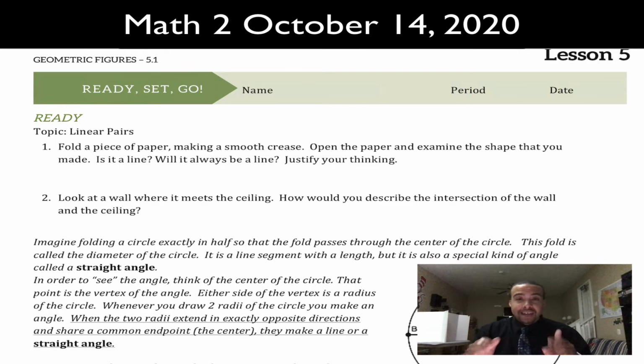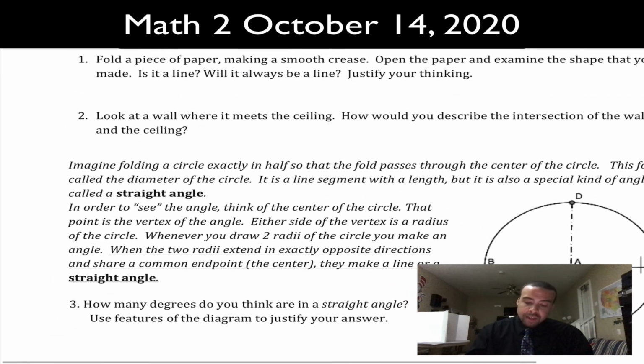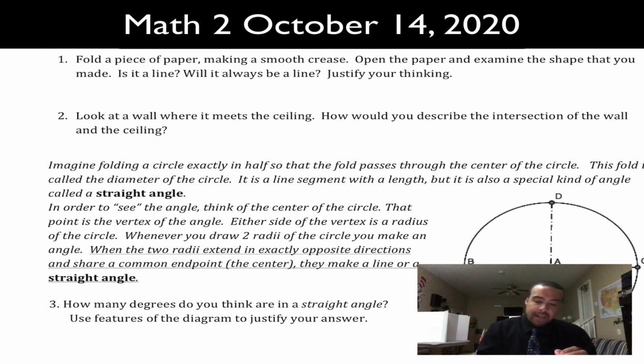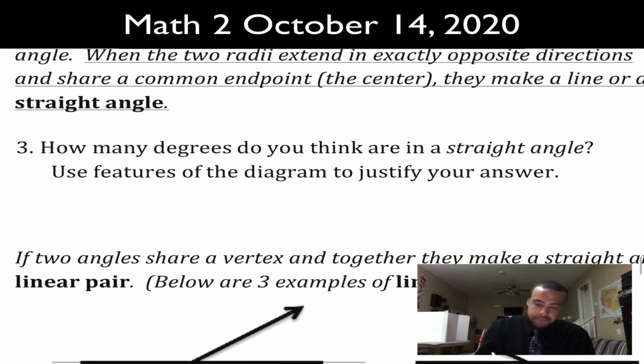All right, so you know what a line is. They're just trying to build your understanding for what we call a straight angle. And you have seen this before. A straight angle is essentially just a straight line, okay? But the magic number for the degrees in a straight angle is always 180 degrees.